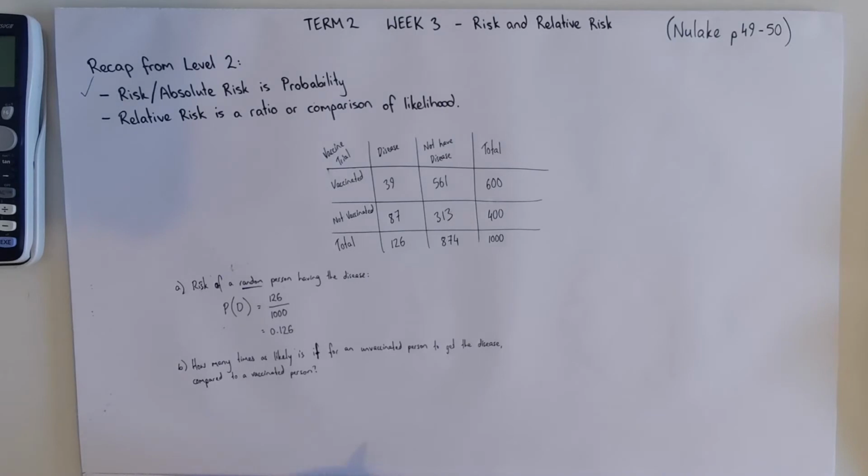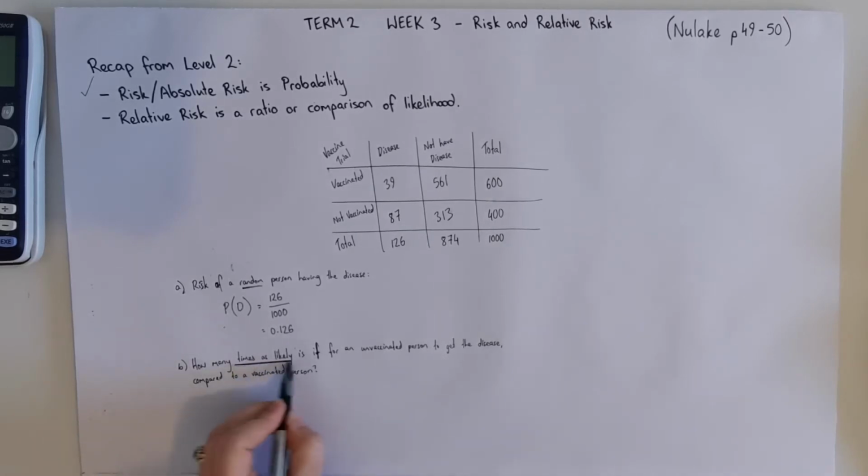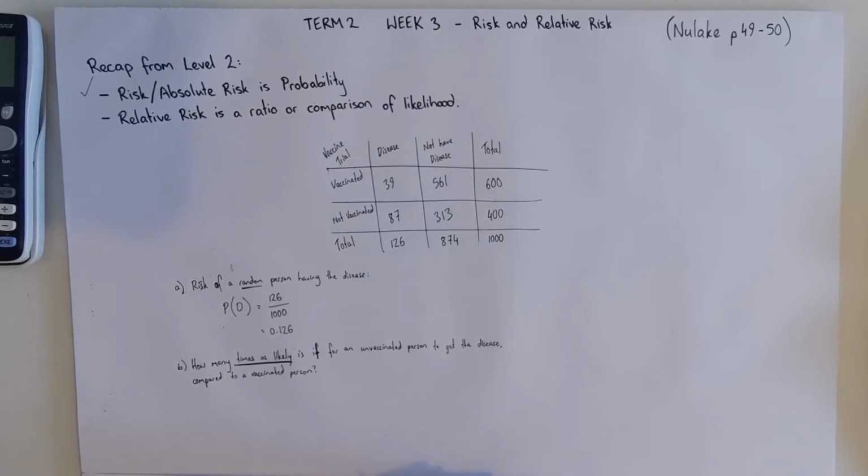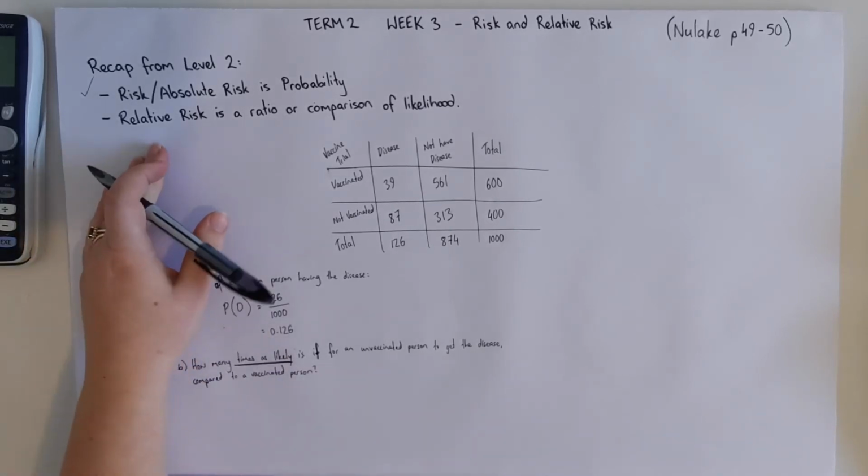So, how many times as likely is it for an unvaccinated person to get the disease compared to a vaccinated person? The key language you're looking for is times as likely. As soon as you see something like this, 2 times as likely, half as likely, how many times as likely, you are immediately looking at relative risk.